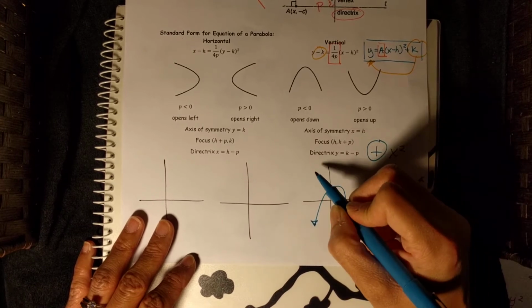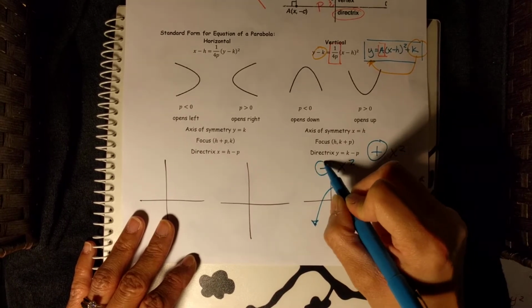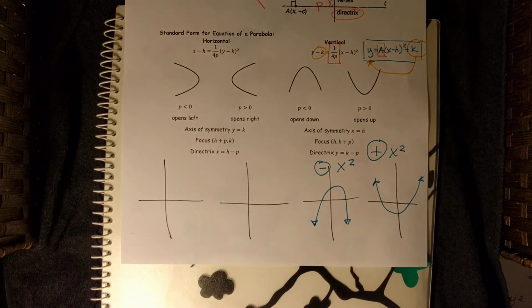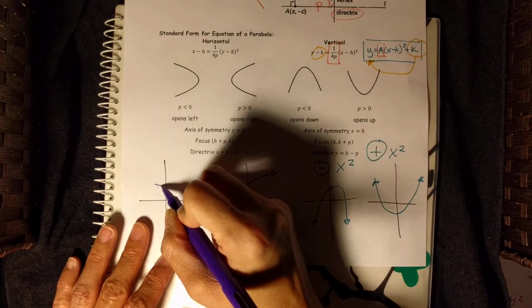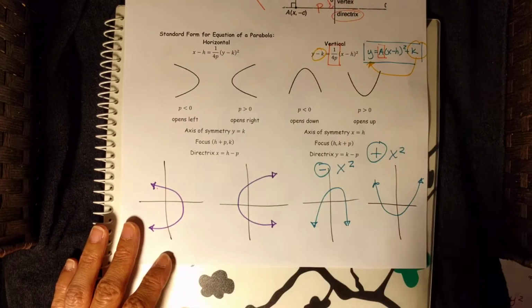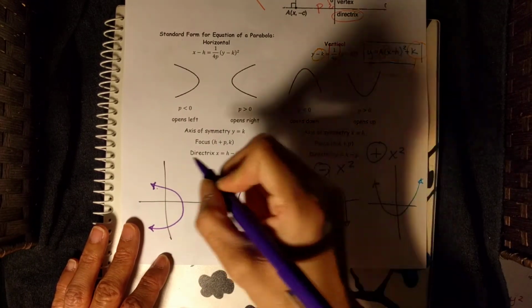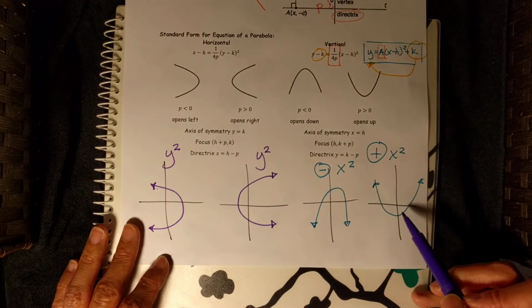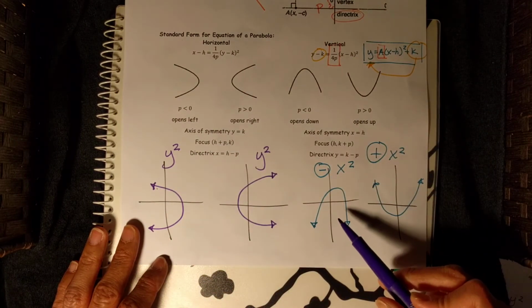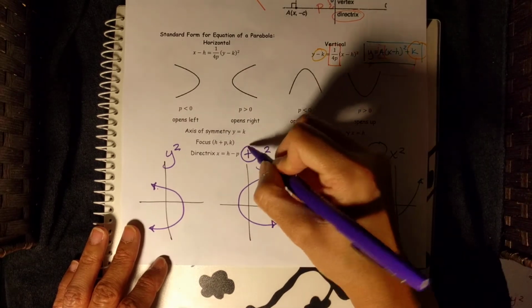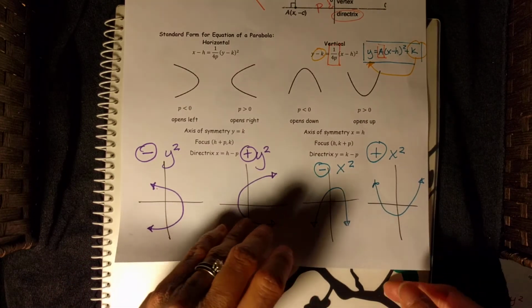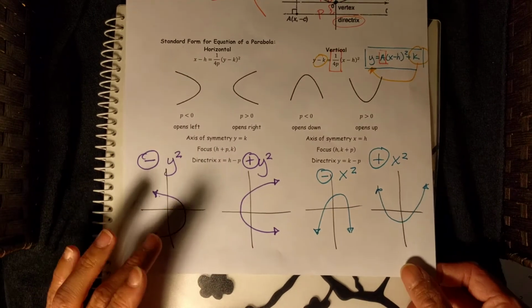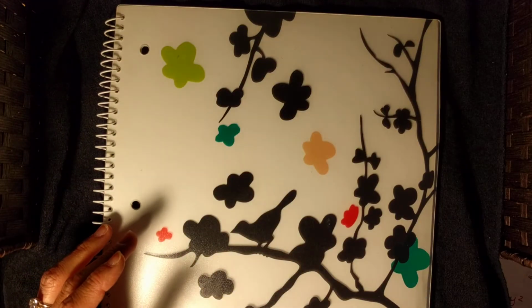You have a negative. Well, just like that, you're going to have parabolas that open right and open left. Notice that's what's different about the equation, is that y is squared now instead of x. Much like up is positive and down is negative, right is positive and left is negative. Everything is pretty much what you're going to expect it to be. If this isn't really making sense to you yet, that's totally fine. I think it will once we get to an example.